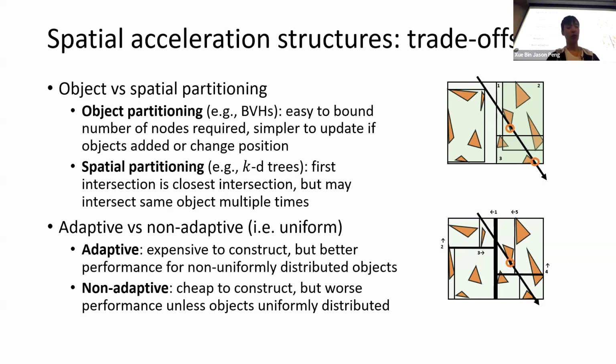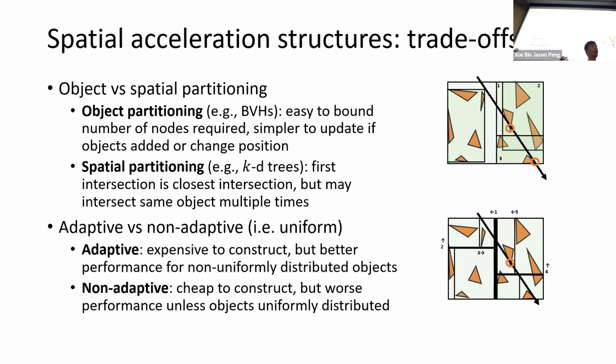With these adaptive data structures, they can be more expensive to construct. So constructing an efficient BVH might require us to, let's say, compute some expensive heuristics to find good partitionings of the objects. And this more expensive construction process means that it might be harder to update these adaptive data structures at runtime.